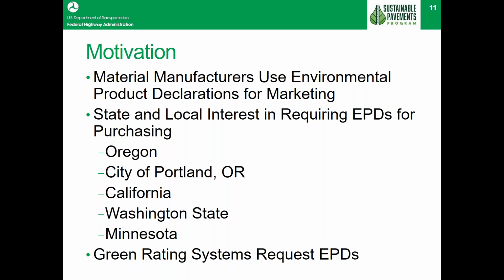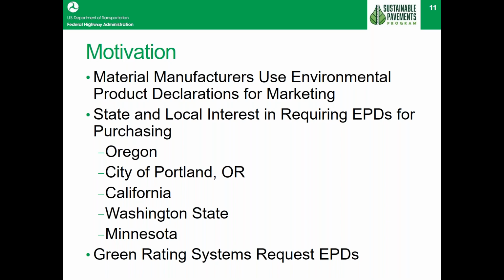It's not until relatively recently that I realized there is an emerging resource available in the form of environmental product declarations, which in some ways can be seen as a platform for the industry to communicate environmental impacts of products to their customers.